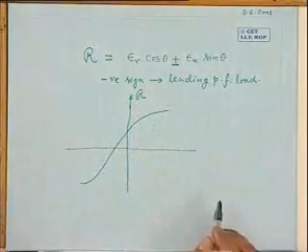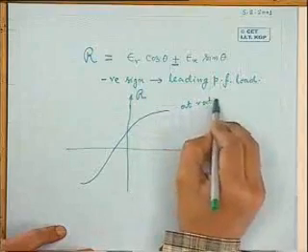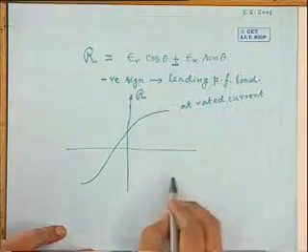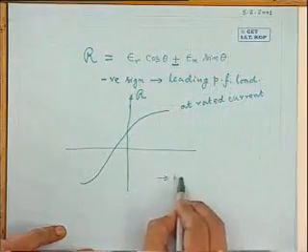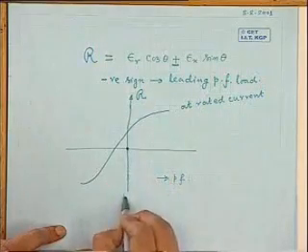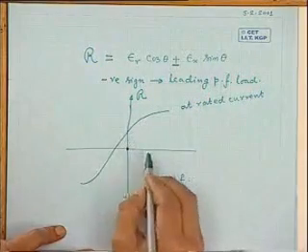Suppose this axis is regulation, at say rated current, you are drawing rated current, and this side is power factor. So this point corresponds to, suppose, unity power factor.